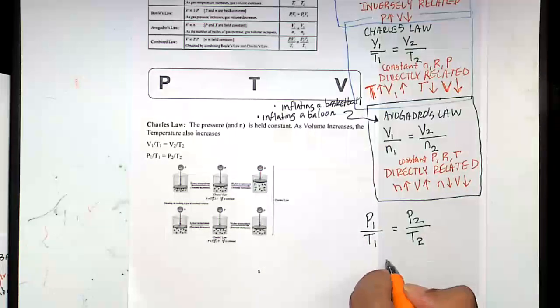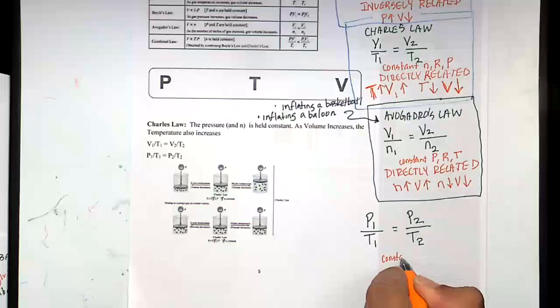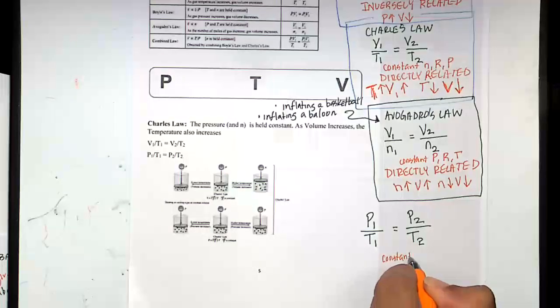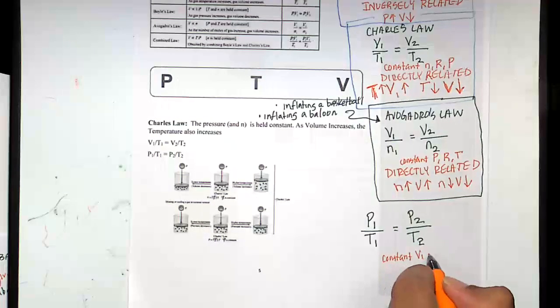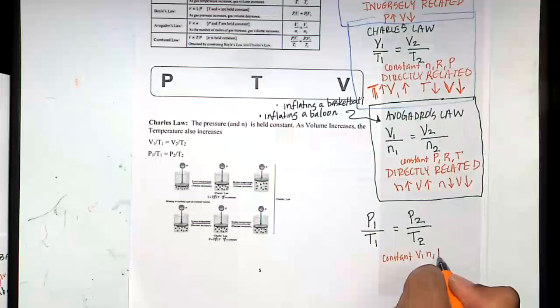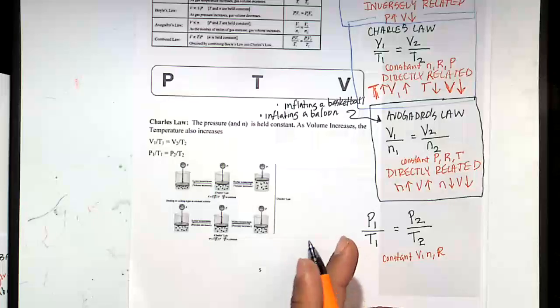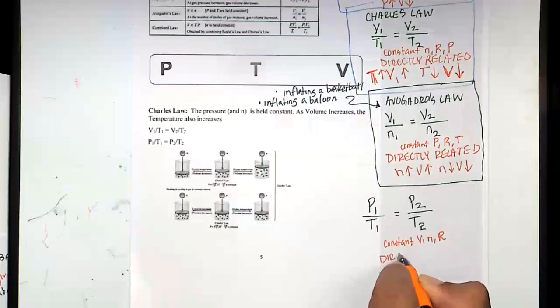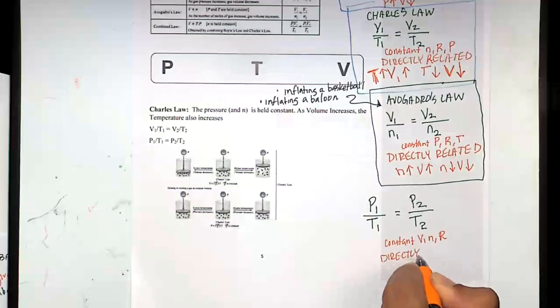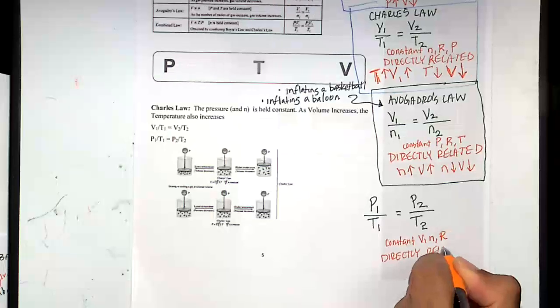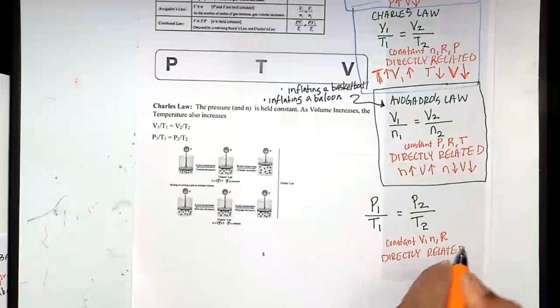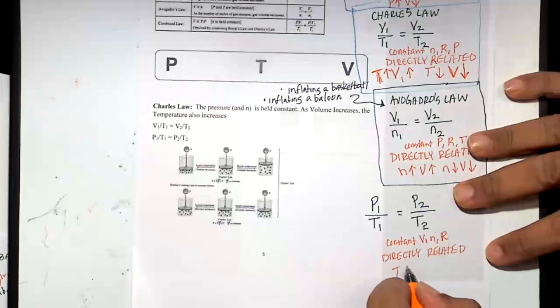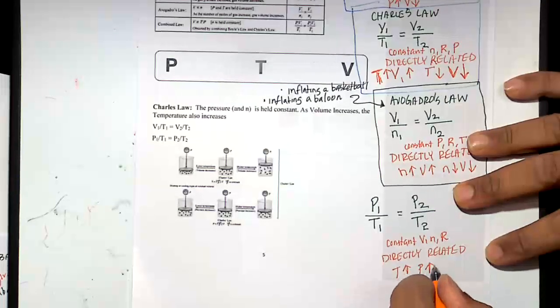Here what is constant is the volume, so we have to try to keep the volume constant. And then constant N, and then R is always a constant. It's the gas constant. And this is directly related as well. So as you increase the temperature, the pressure will go up.